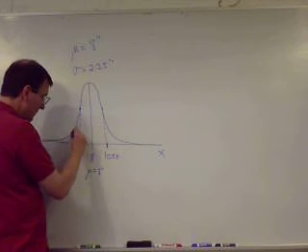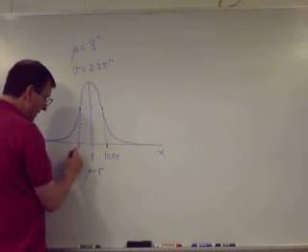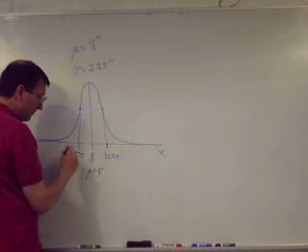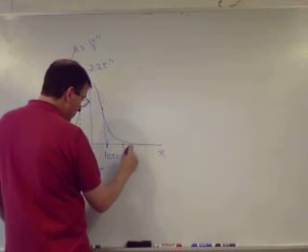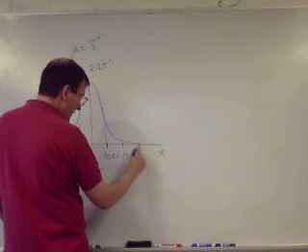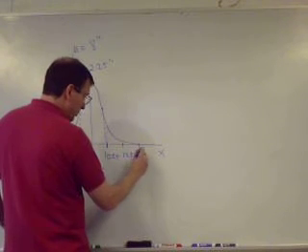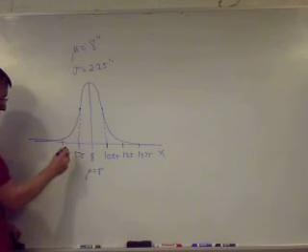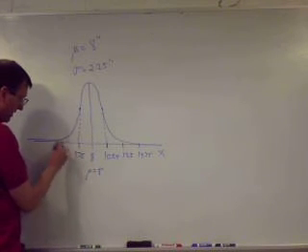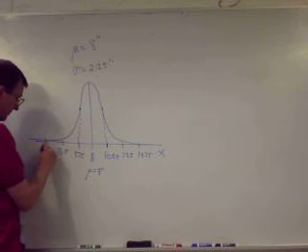And over here is 8 minus 2.25, which is 5.75. And so we have 12.5 and 14.75. And over here we have 3.5 and 1.25.